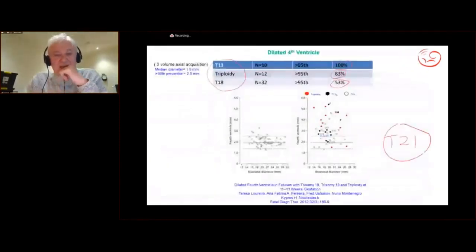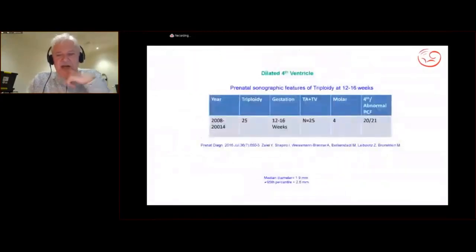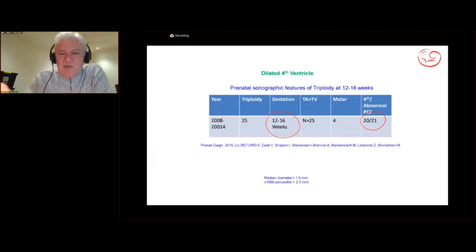And more recently, if you look at a study from Israel on triploidy, out of 21 cases in the first trimester of pregnancy, which they refer to as 12 to 16 weeks of gestation, the fourth ventricle is dilated. Now, that's a very important point, because we are screening now for Down syndrome no longer by first trimester combined screening in our unit. We are offering free fetal DNA, non-invasive prenatal testing.